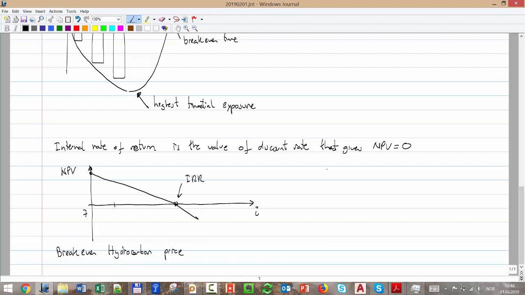That means the oil price or gas price that makes the NPV equal to 0. Until which value the project still will be profitable.